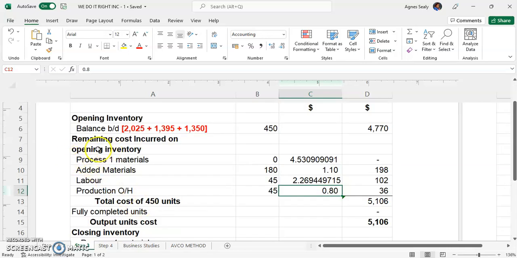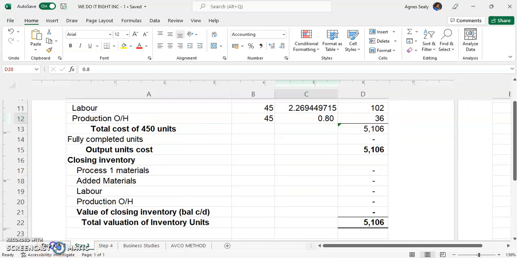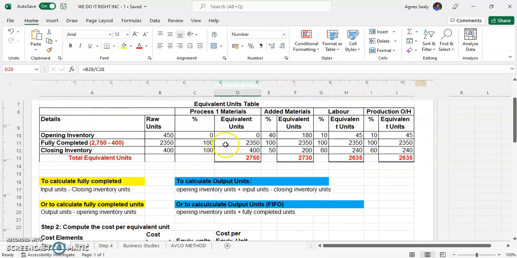And then we look at the remaining cost on those 450 units with respect to process 1 material, added material, labor, and production overhead, using the equivalent units that we would have calculated here in our equivalent unit table for our opening inventory, process 1, added material, labor, and production overhead.